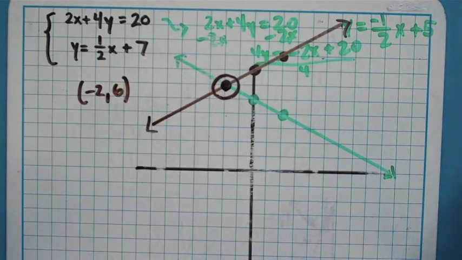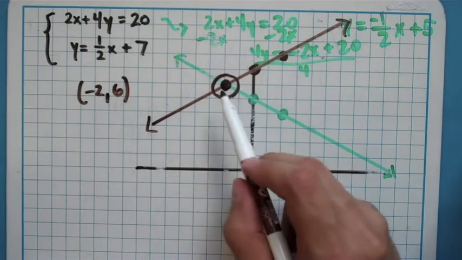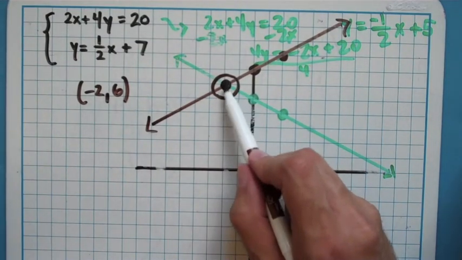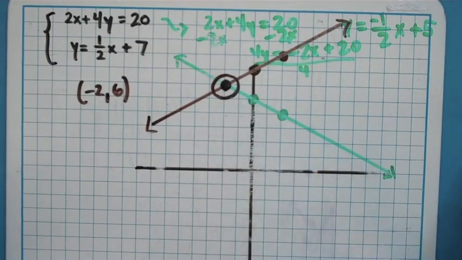On these problems, the answer was on a lattice point, right on the little crosshair, a nice whole number answer. That won't always be the case, which is one reason why graphing isn't the method I'd use on a random system problem. I'd probably use a different method that we'll learn in a later video. Graphing is great because it should make sense why it works, and when it's nice whole number answers, it's perfect.